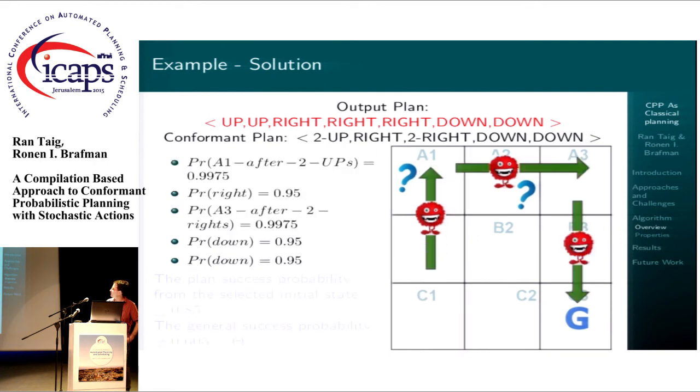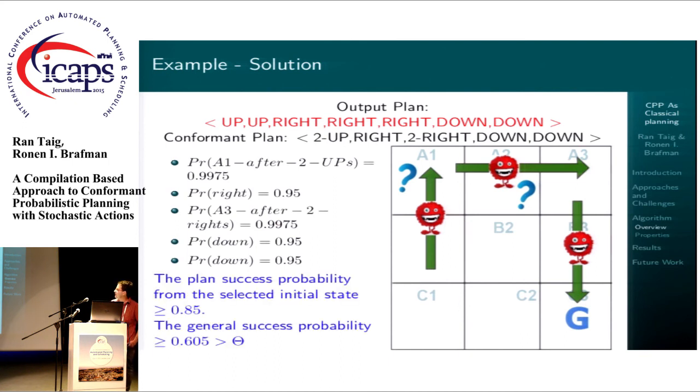Okay, so in general, you can see the other probabilities of executing this plan. And what we get is a plan with a success probability higher than 0.85, and combining it with the initial state restriction from earlier, we get a general success probability of at least 0.6.